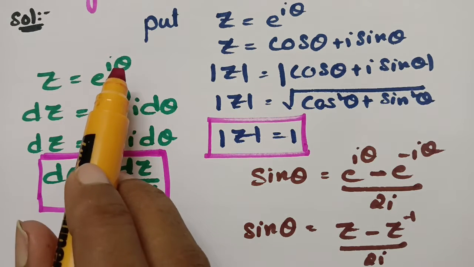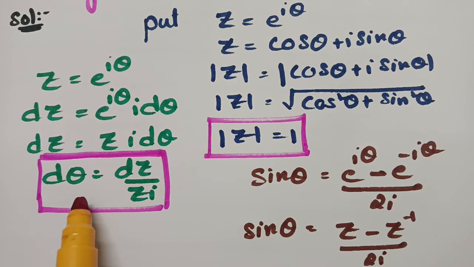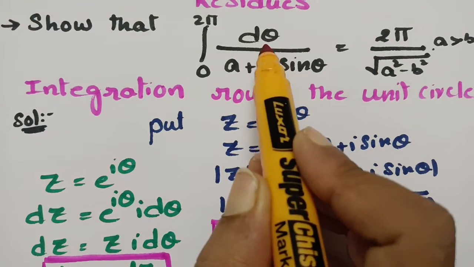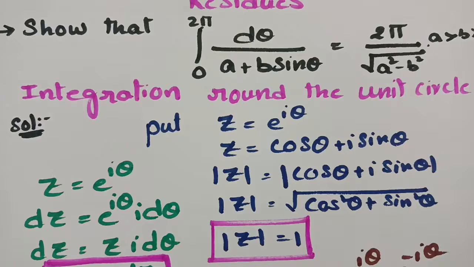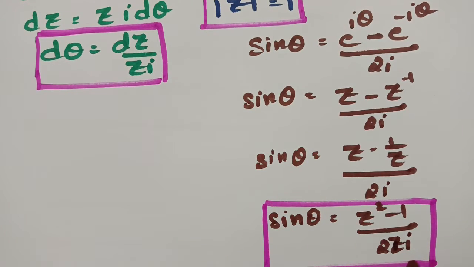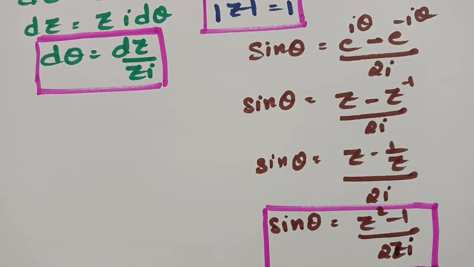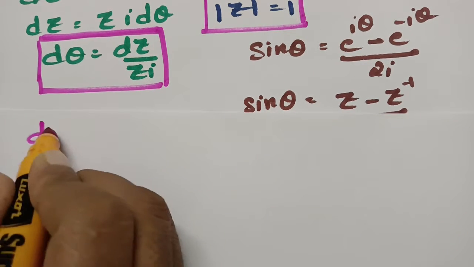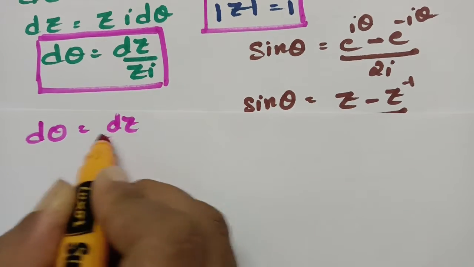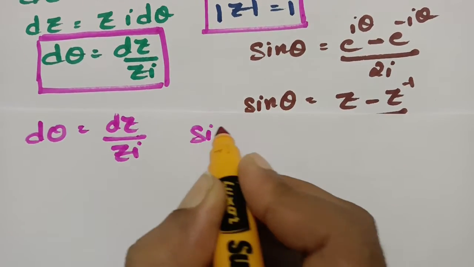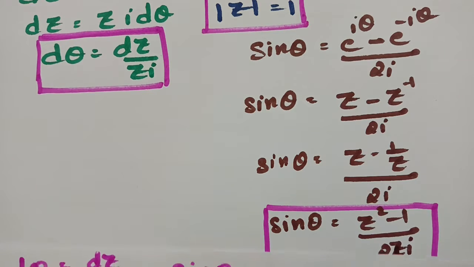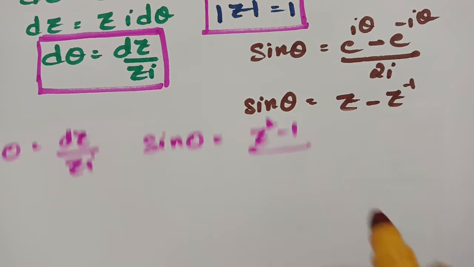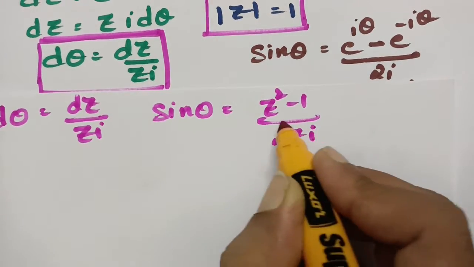After taking the derivative on both sides, d theta is equal to dz by zi. Here we have to substitute the d theta value, and the sine theta value is z square minus 1 by 2zi.